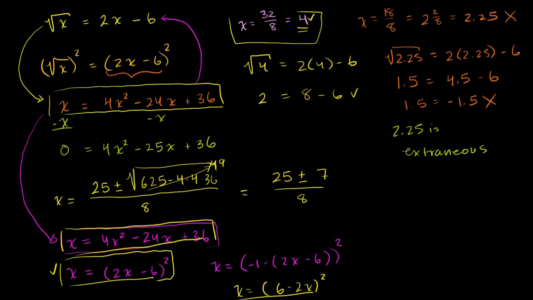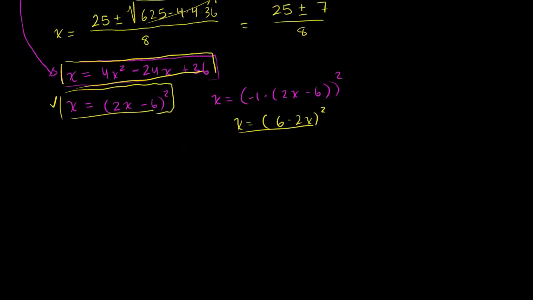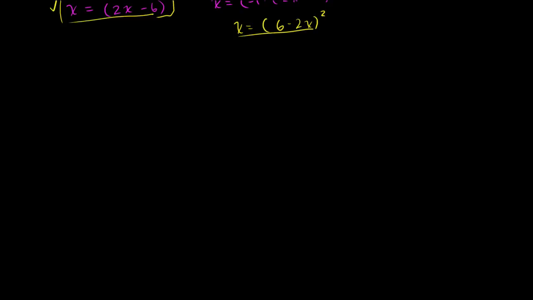Another way to view it, let me rewrite the original equation. We had the square root of x is equal to 2x minus 6. Now, we said 4 is a solution. 2.25 isn't a solution. 2.25 would have been a solution if we said both of the square roots of x is equal to 2x minus 6. Now you try it out, and 2.25 will be a valid solution here.